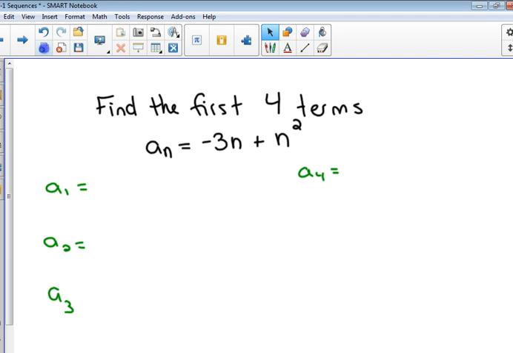So now just 3 times 1 is 6, and then plus 1 is 3. Good, so that's going to equal what? Okay, so that's the first one. Now if you want to do the second one, you can use 2. Where you see n, plug this 2 in this spot.